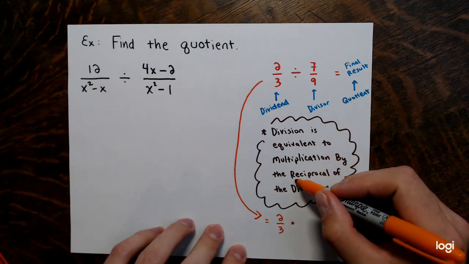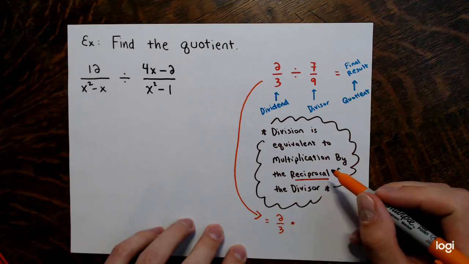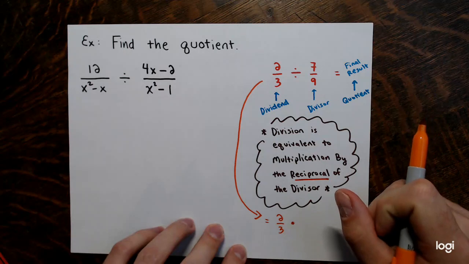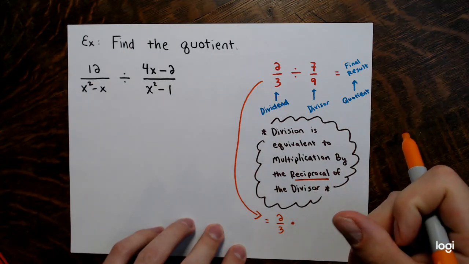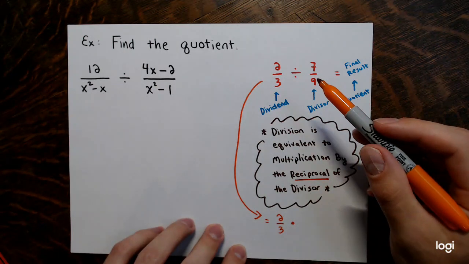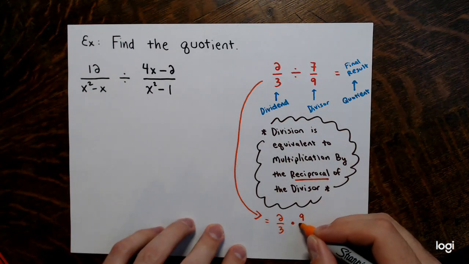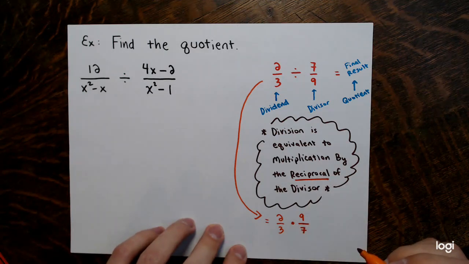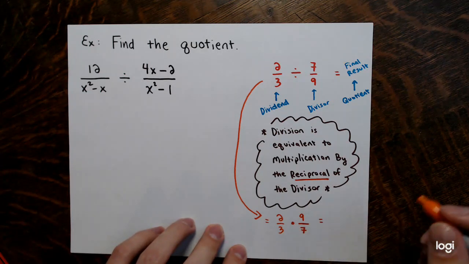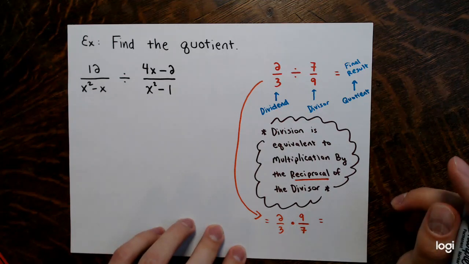Remember the reciprocal is simply to flip the fraction around, making the numerator the denominator and the denominator the numerator. So 9 goes in the numerator, 7 goes in the denominator. So the reciprocal of 7/9 is 9/7.